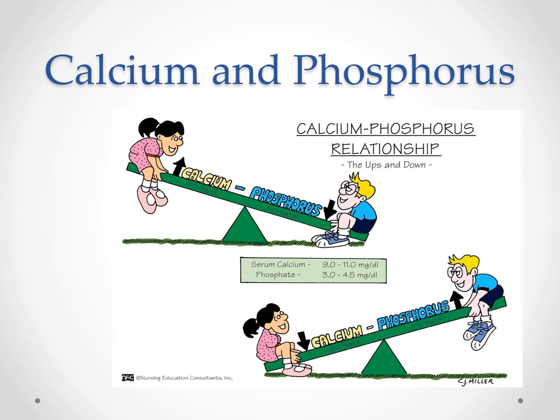When calcium goes up, phosphorus goes down, or when your calcium goes down, your phosphorus will go up. This is definitely a relationship that we need to be careful of, because patients with high calcium are usually going to have a low phosphorus, which is going to upset their muscle and potentially brain functions.